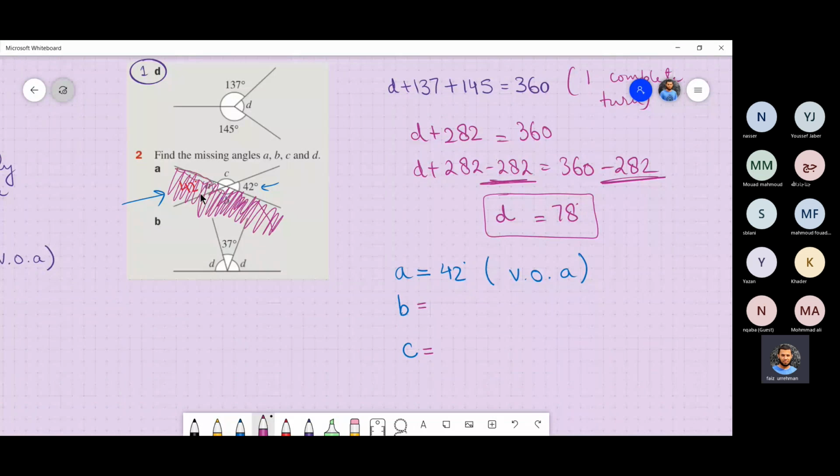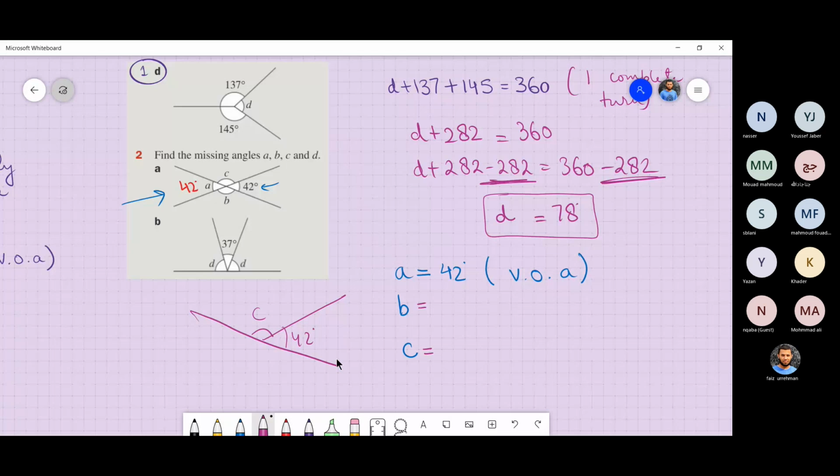C and 42 on a straight line. Can you see? Just focus on this area only. It looks like this, right? So can we find C?